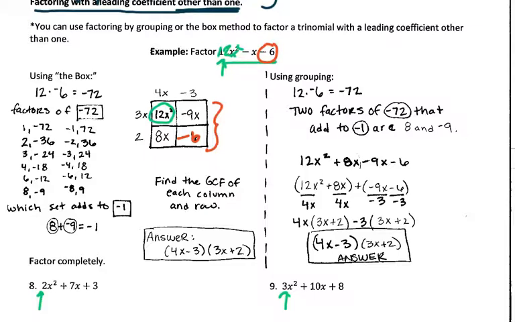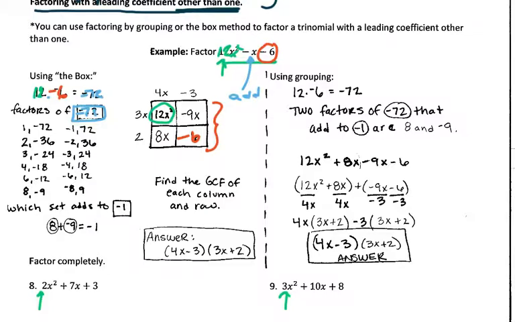So then, once we know that those are the key pieces, notice that I'm taking 12 from that leading coefficient and negative 6 from that constant, and we're going to multiply them. When you multiply them, you get negative 72, and that, working backwards, is what we are trying to find the multiples of in order to find out what would add to be this guy in between, which is negative 1.